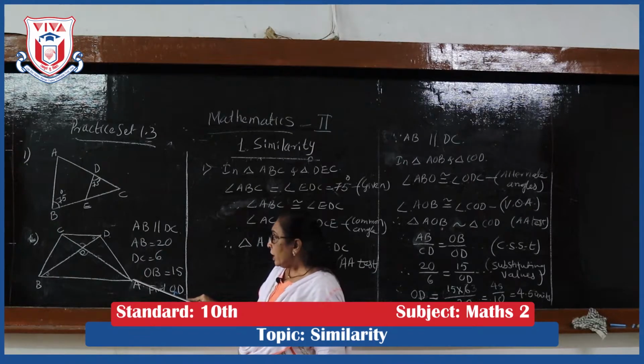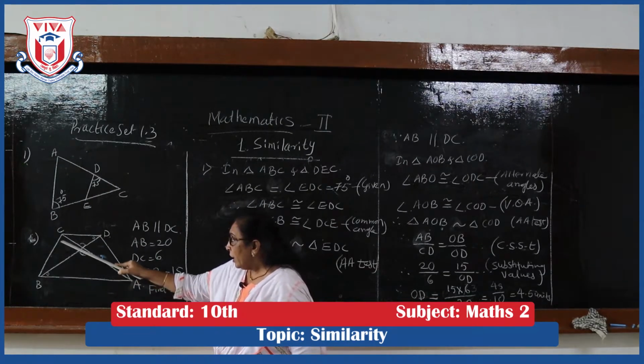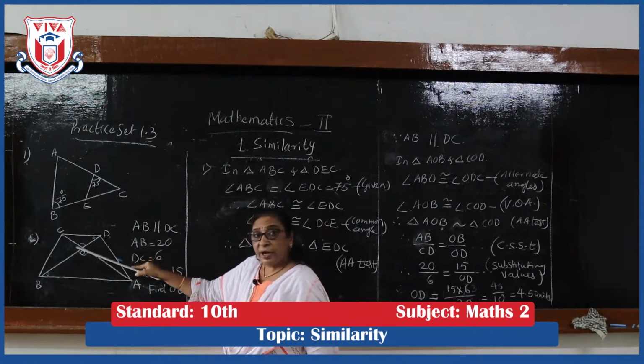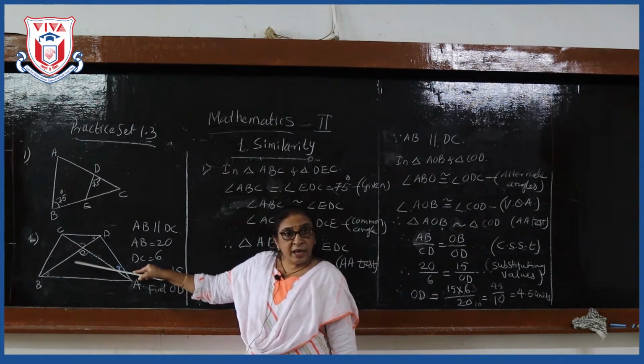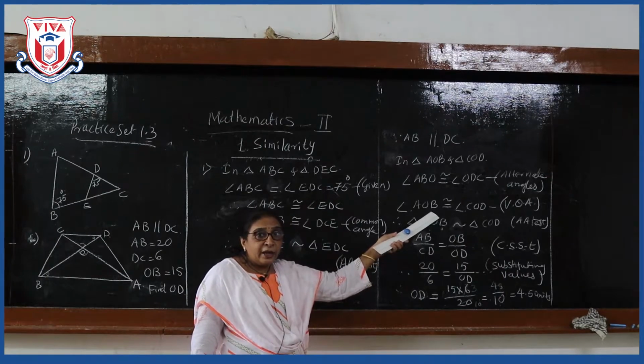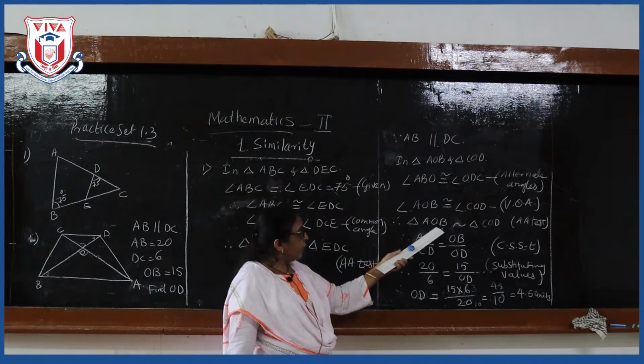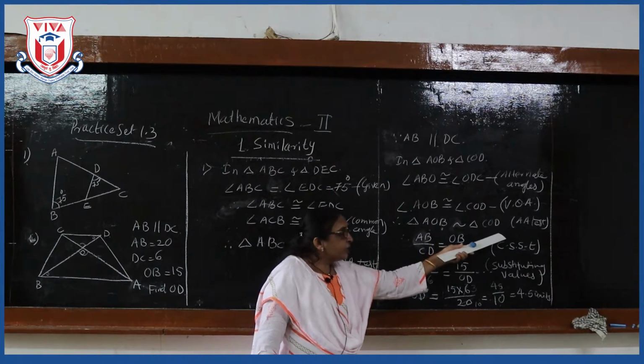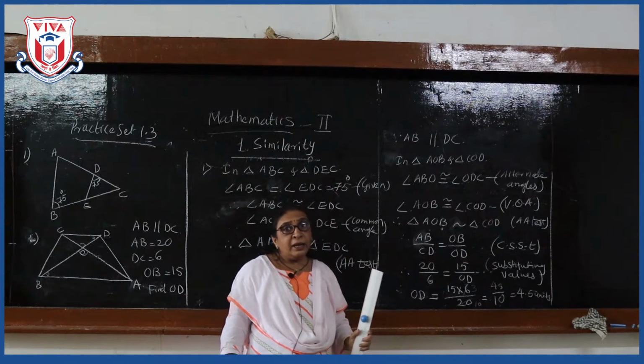Then if you consider angle AOB and angle COD, these are the vertically opposite angles. They are congruent. So here also two pairs of angles are congruent. So triangle AOB is similar to triangle COD by angle-angle test.